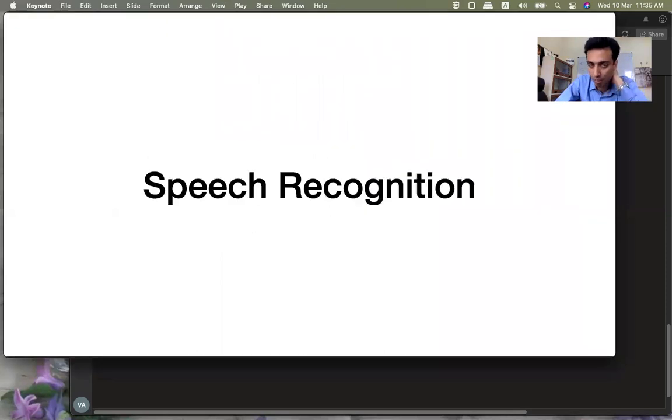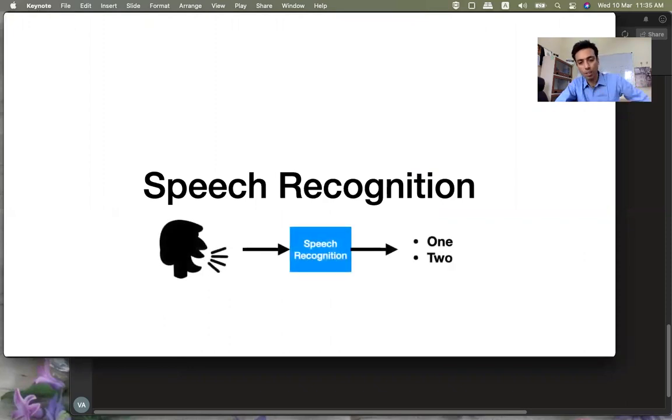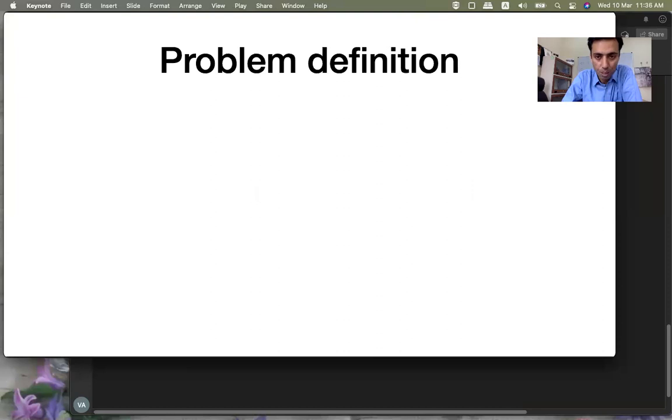Now let's come to our problem at hand, speech recognition. In speech recognition, the input is you speaking normally, sentences after sentences, and the output is what sentence, what are the different words in it, or what different phonemes are being spoken. So let's first define our problem.